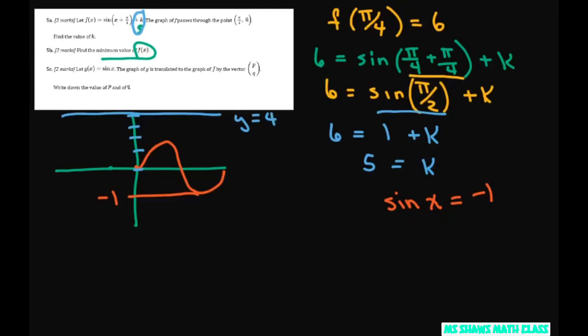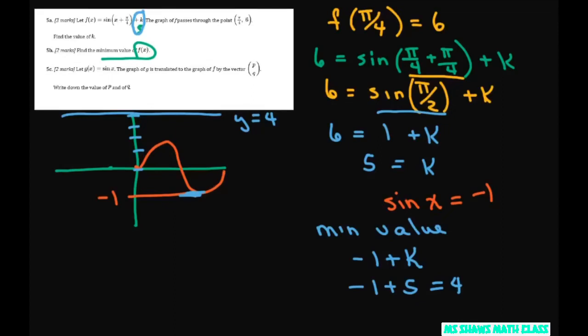So basically, what you're going to do is write your minimum value is -1 plus k. And so that's -1 plus 5, which equals 4. Okay, because this whole thing here got shifted up by 5 units.